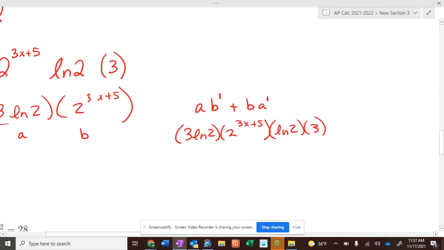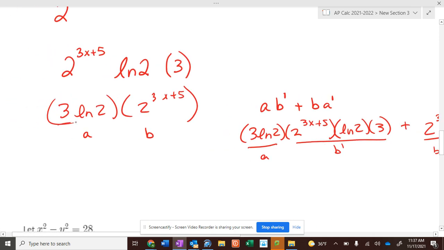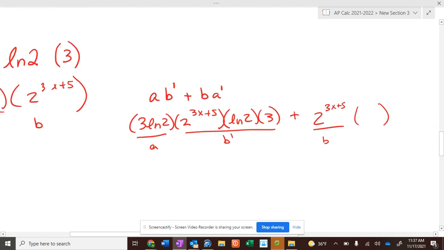Then we add B, which is 2 to the 3x plus 5 power, times the first derivative of A, which is 0.